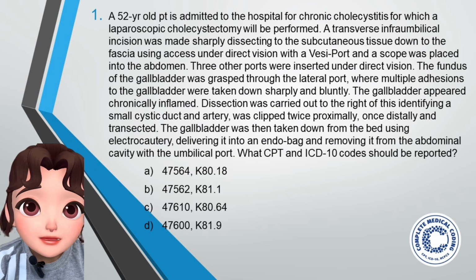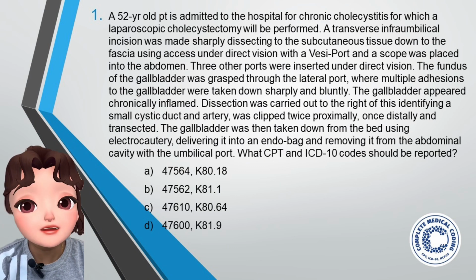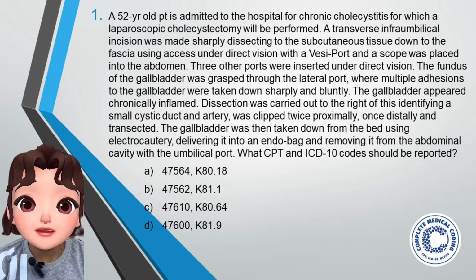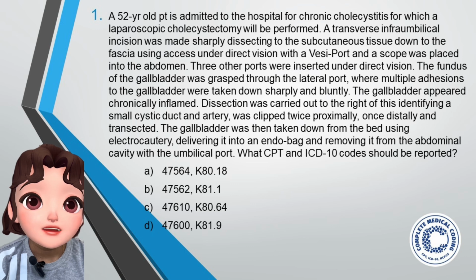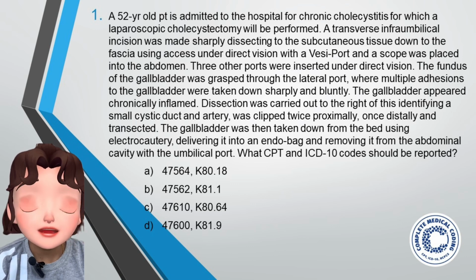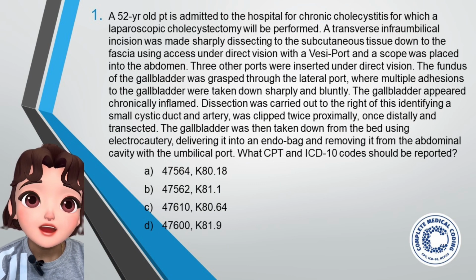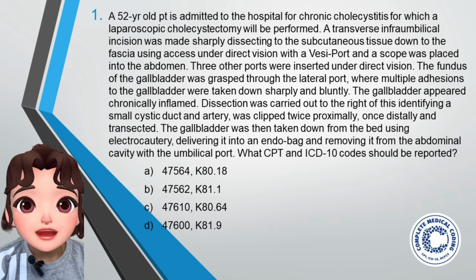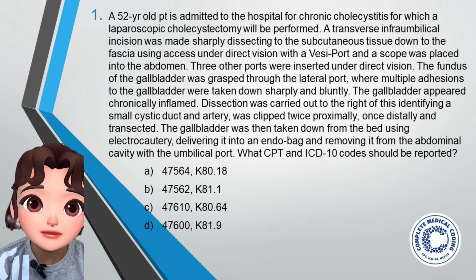For example, if in the question it's just mentioned patient is admitted to the hospital for cholecystitis, it means we don't know whether it is acute or chronic. In that case, you have to code K81.9. But here, since it's clearly mentioned as chronic cholecystitis, we have to code for chronic cholecystitis, which is in option B only. So our answer will be option B.